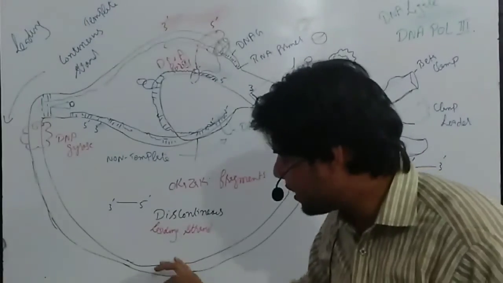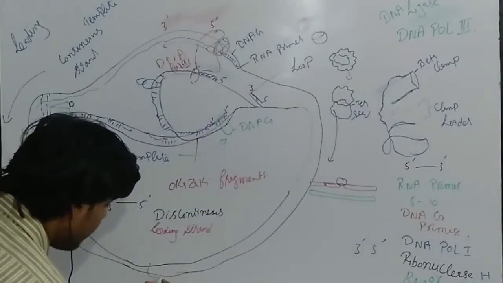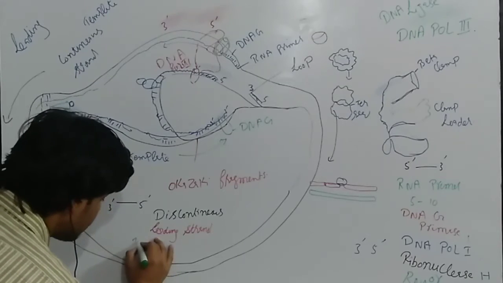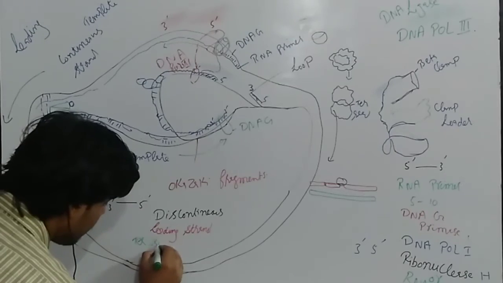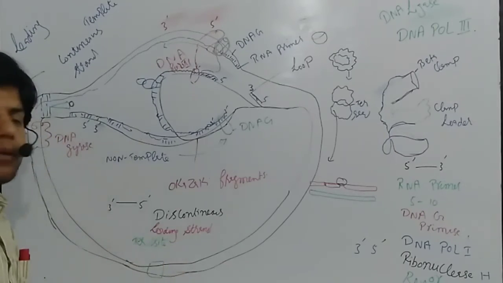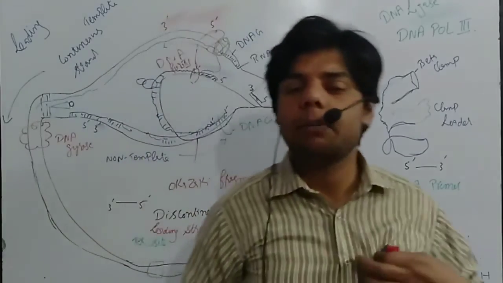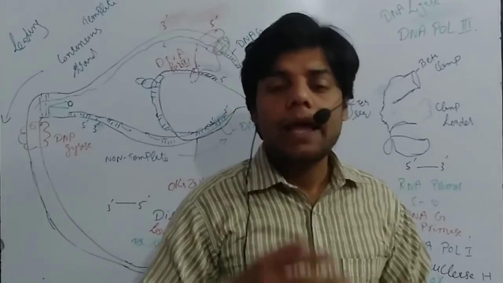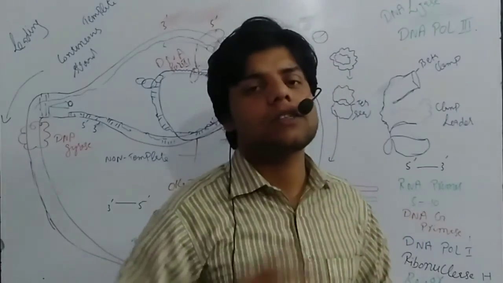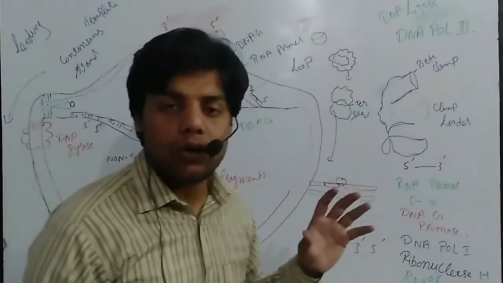Whenever they reach that specific point, which we call the ter area, ter sequence, or ter site, then the elongation process will be stopped. Here there are not only ter sequences, there is also a TUS protein. So that's all about the elongation.